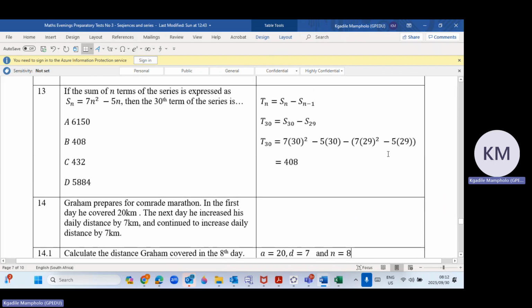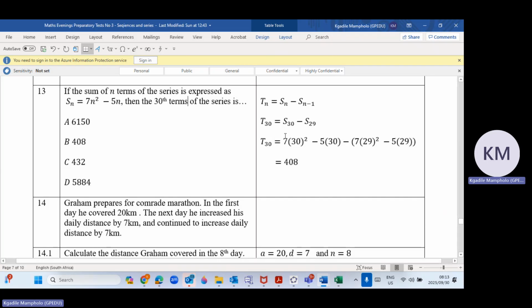If the sum of n terms of the series is expressed as that, then the sum of 30 terms of the series is, then you say Tn is equal to Sn minus S(n-1). Remember, if you have 100 terms and you want the term number 100, you have the sum of 100 terms. If you take the sum of 100 terms minus the sum of 99 terms, then it will be only one term, which is the 100th term.